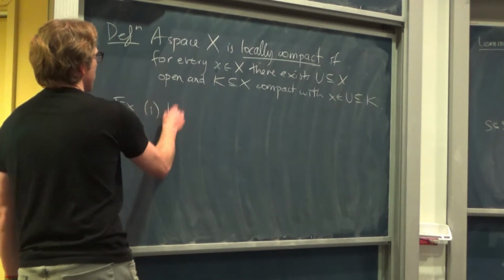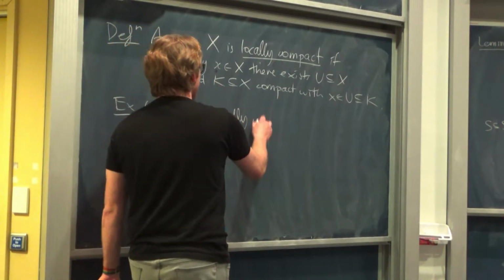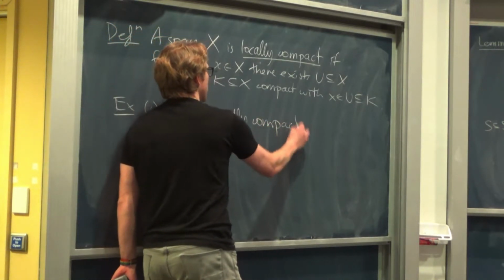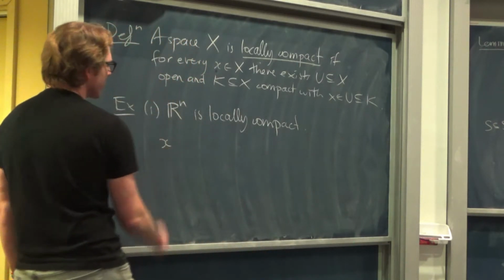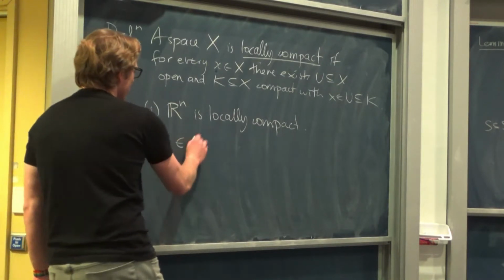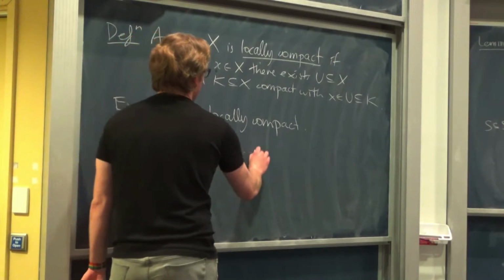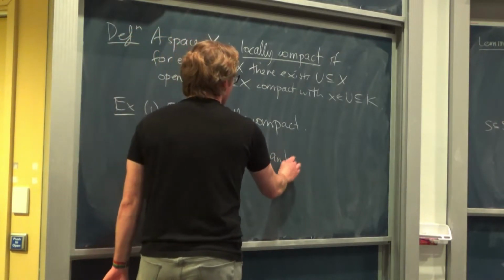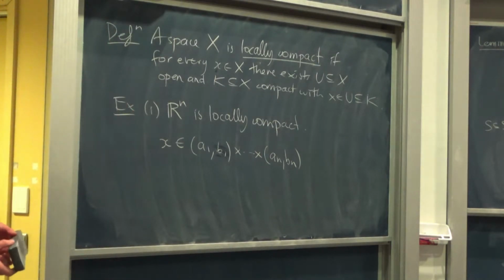So R^n is locally compact. Why is that? Because if I take an x in R^n, that sits inside some open neighborhood like that. That's, if you like, a basis for the product topology, as we discussed.